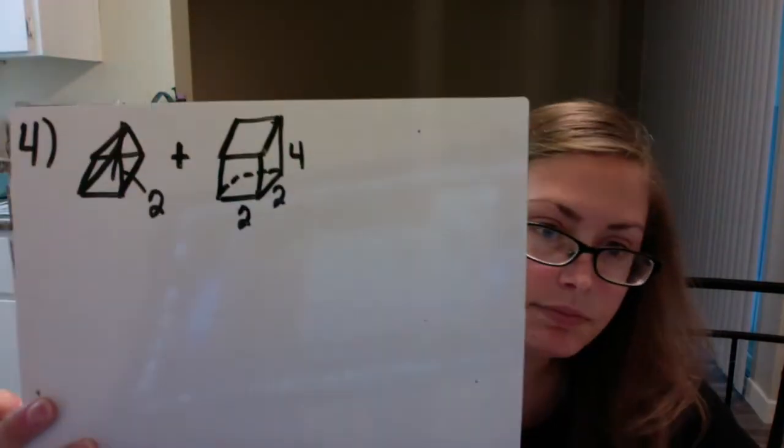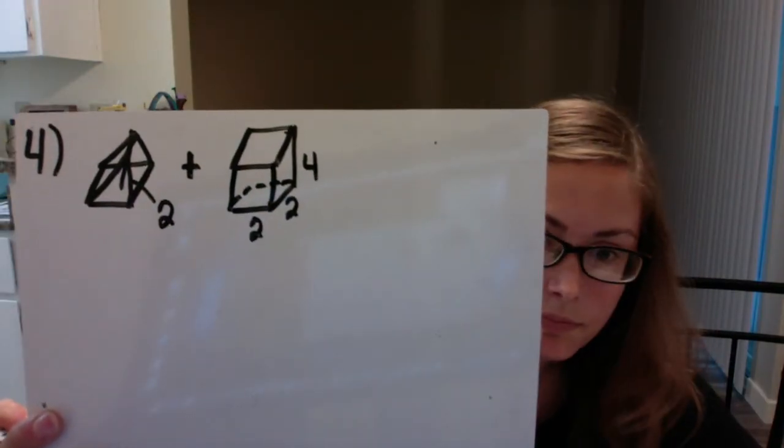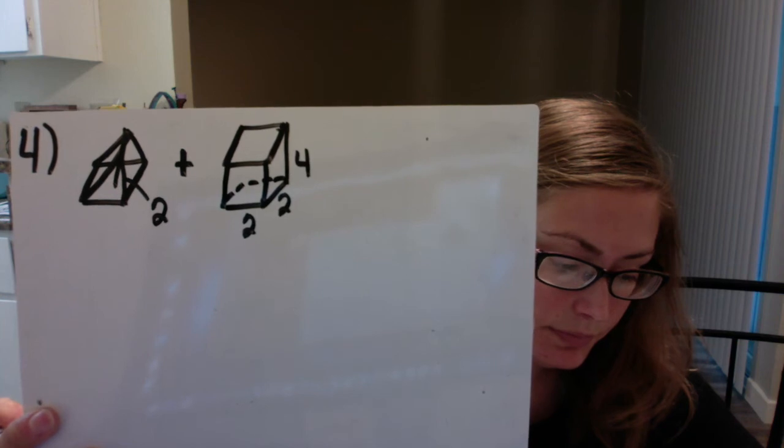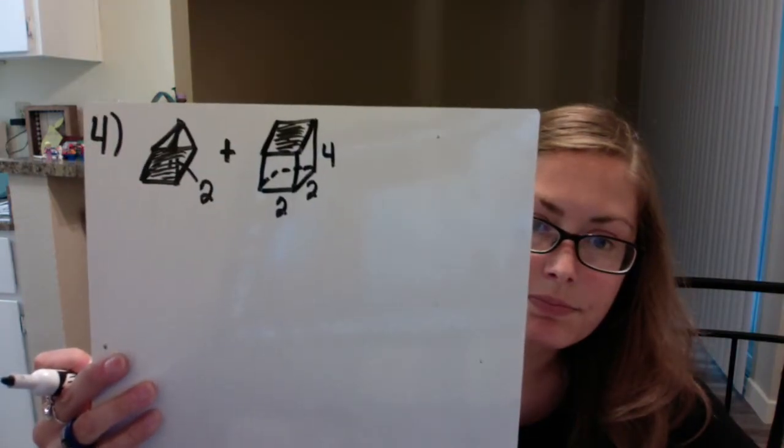And then we have our other measurements. Again, we don't need the bottom of our pyramid or the top of our prism. So that means we have the lateral area plus the surface area minus one of those bases.